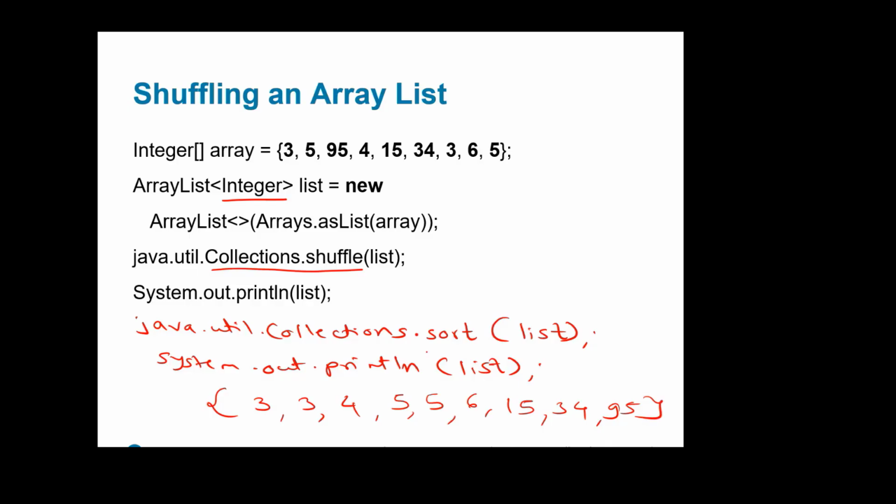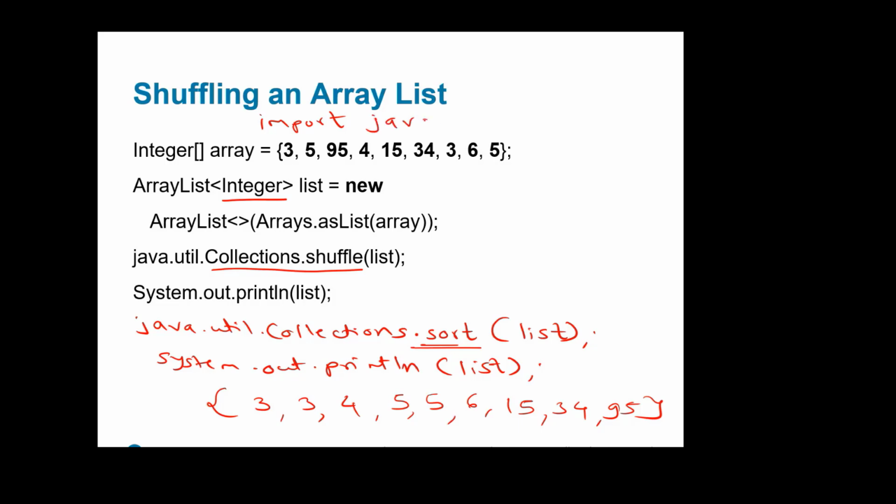So we don't have to implement the different sorting algorithms here. You can just call it from java.util.Collections. And instead of that, you can also import the Collections class. That is also possible.